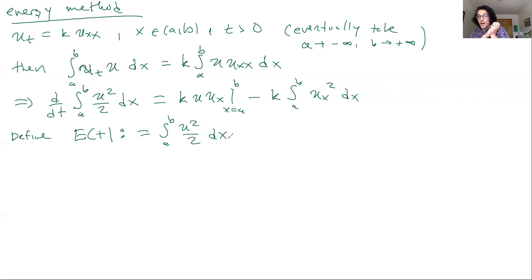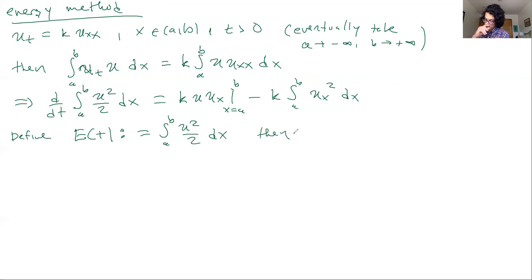And so I want to come up with a functional that'll take some usually even function of my solution and return just a scalar quantity in time, okay? Well, so if I define E this way, I could write the time derivative in terms of some other expression in terms of x, of u, which seems promising, okay?